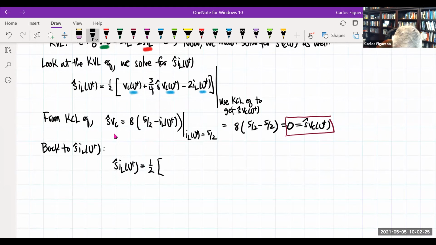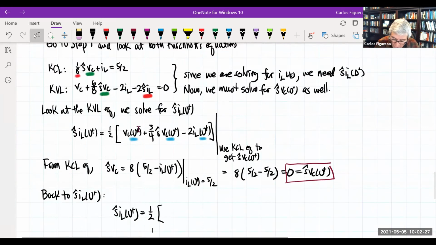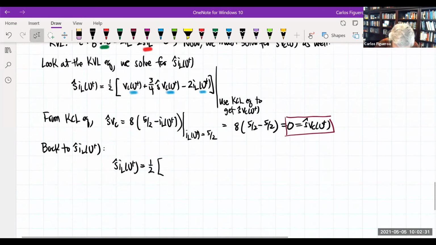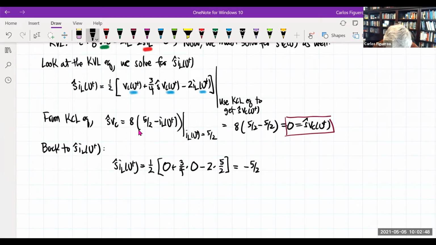This guy, VC of 0 plus, we already saw was 0. So then I'm going to put 0. Then I get 3/4 times 0. And then I get minus 2 times 5 halves. So then the answer that I'm going to get is minus 5 halves.